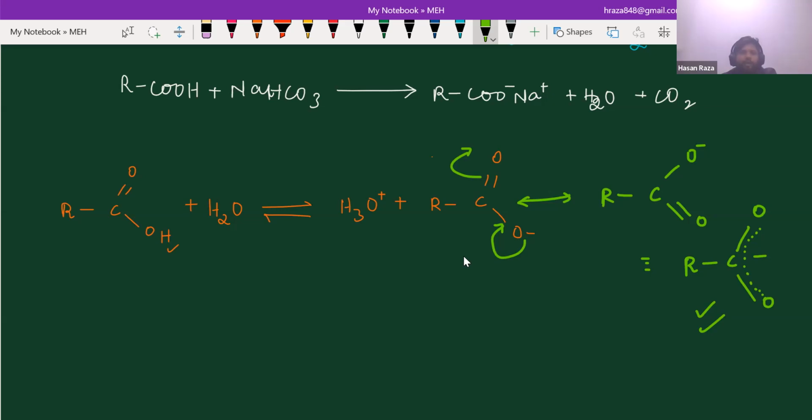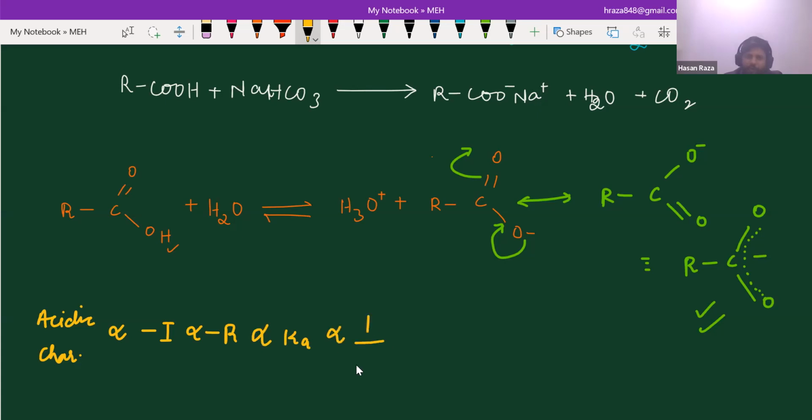Also, it's very important to note that acidic character is directly proportional to the minus I electron withdrawing group, minus R electron withdrawing group in resonance, and directly proportional to the value of K, the acid dissociation constant.